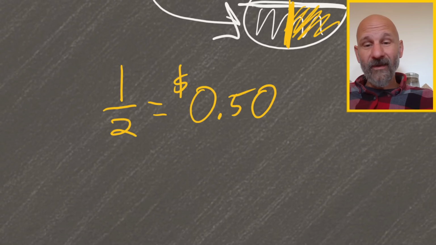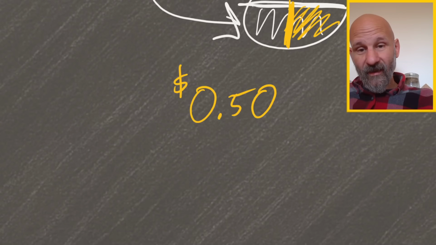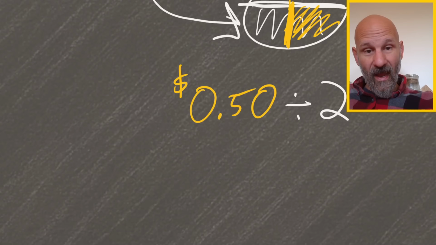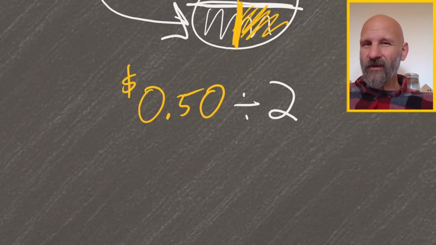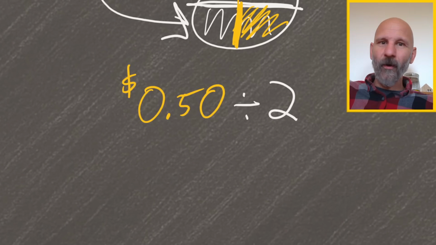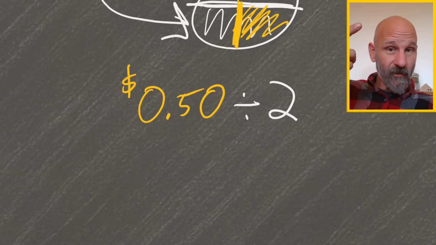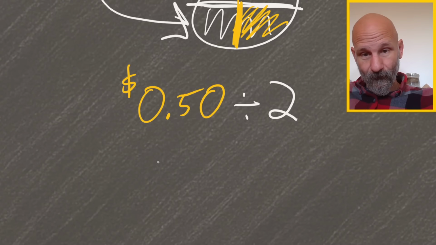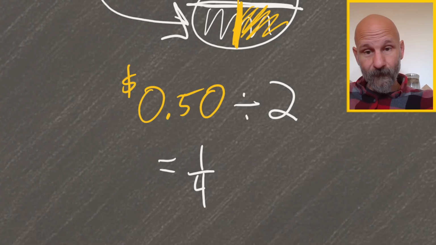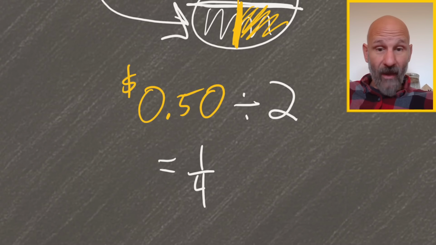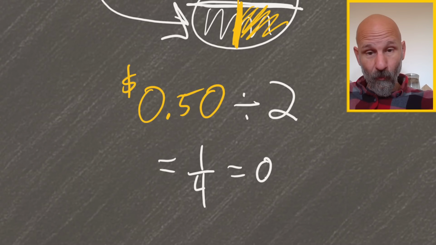So now we're thinking 50 cents, and what I want to do is take that 50 cents and divide it by 2, because remember, we were doing half divided by 2. Well, if I have 50 cents, I'm going to divide it into 2 equal chunks. Well, that's 2 quarters. A quarter is this. In money, that would be 0.25.